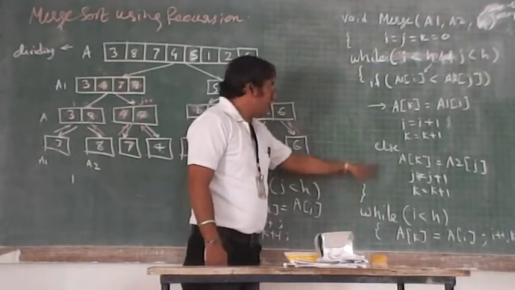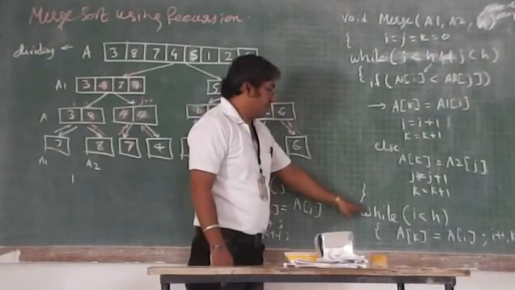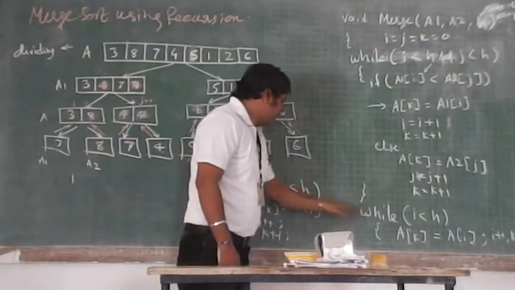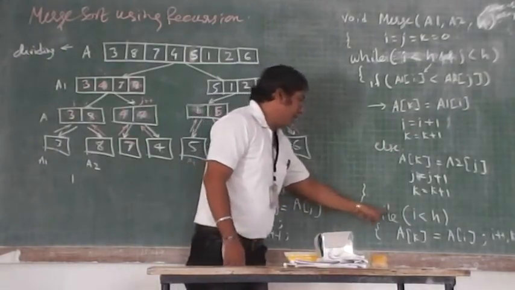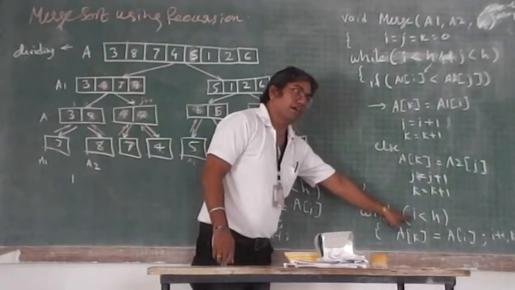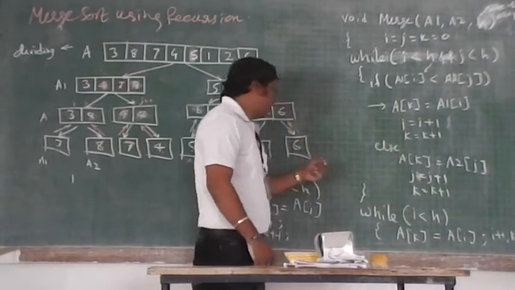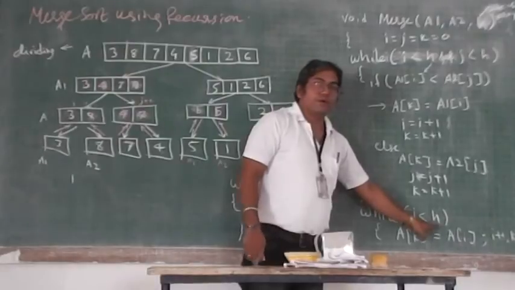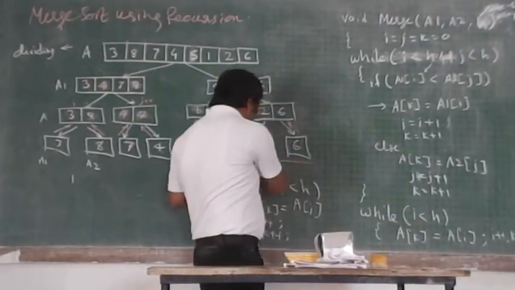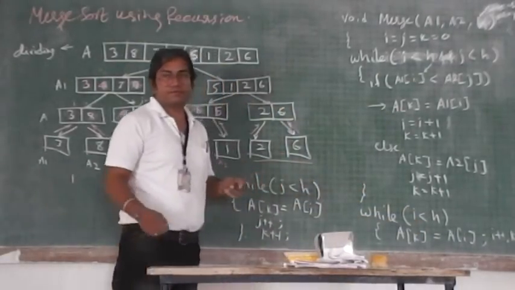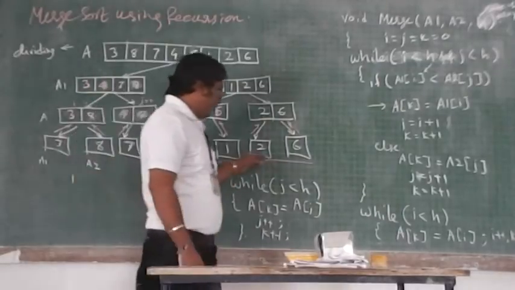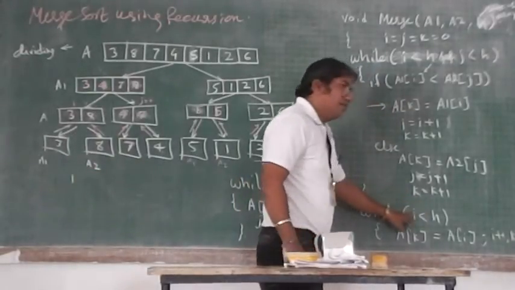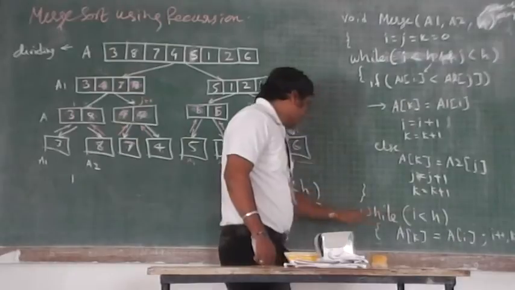It will come out of the while loop. Then these two while loops will be checked. While i is less than h, what is the value of h here? What is the value of h in case I am merging these two subarrays? 1. Okay? Here h is 1, i is 1, so this won't execute.